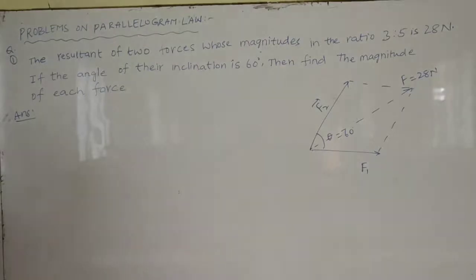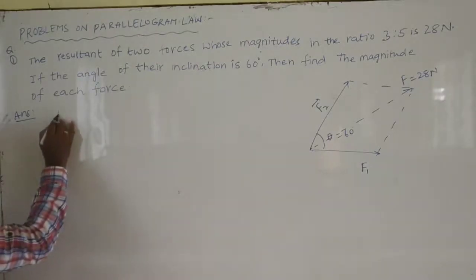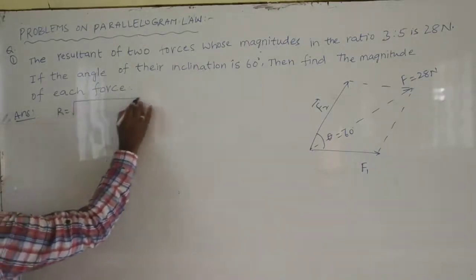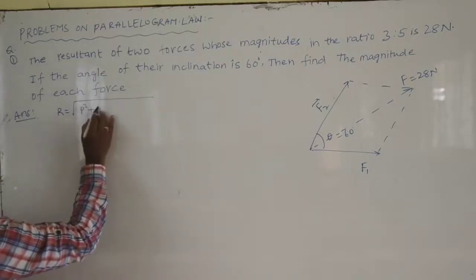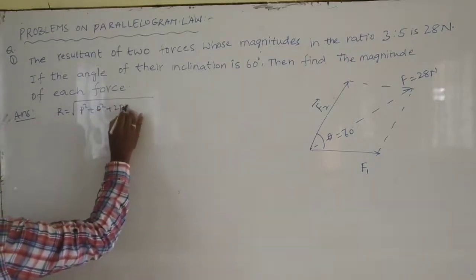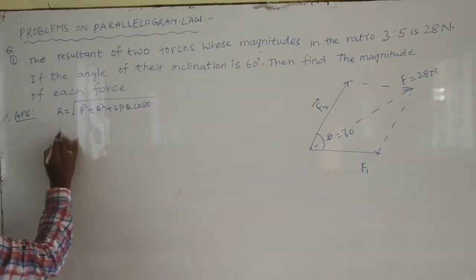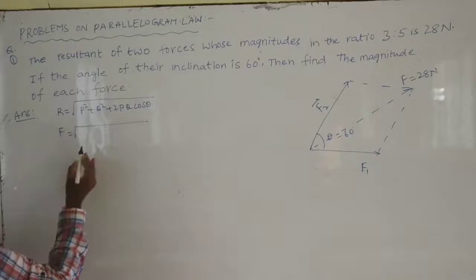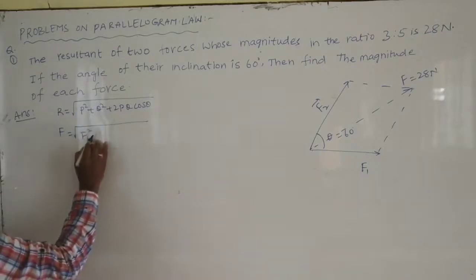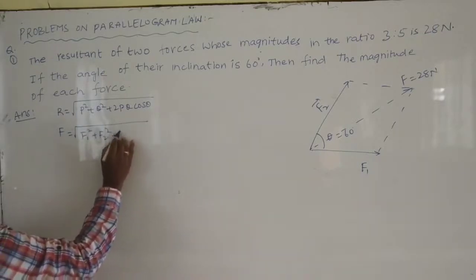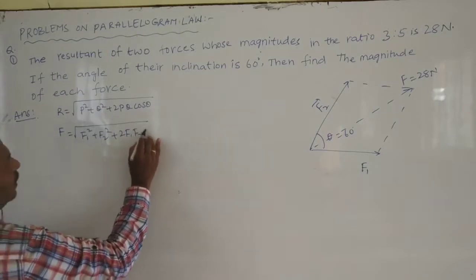So now what is the parallelogram formula? Resultant equals root over P square plus Q square plus 2PQ cos theta. In place of R, we write F equals root over F1 square plus F2 square plus 2 F1 F2 cos theta.